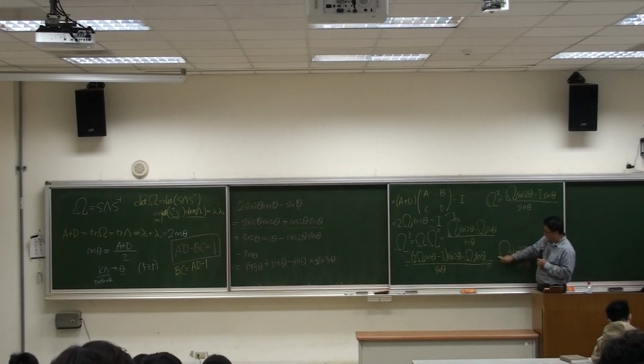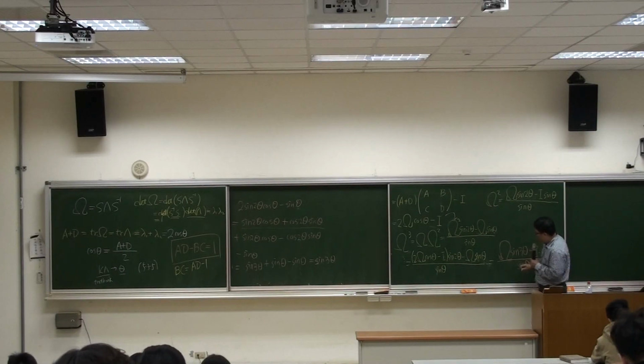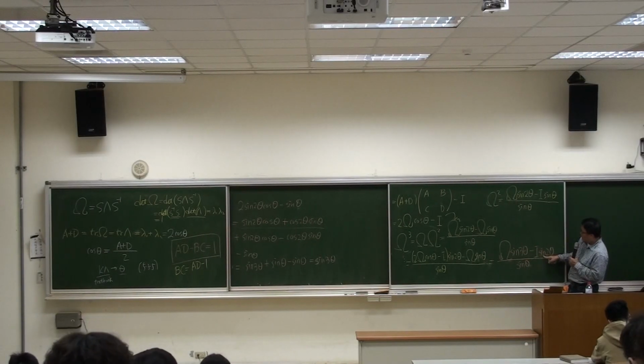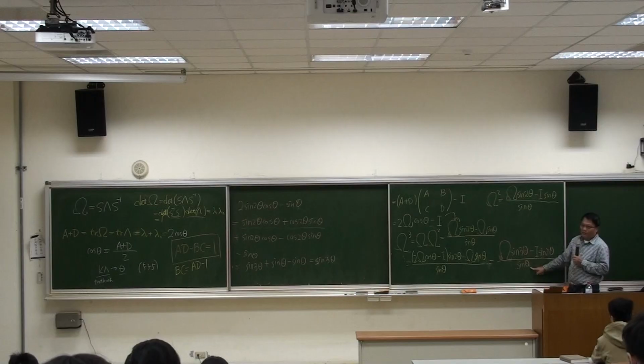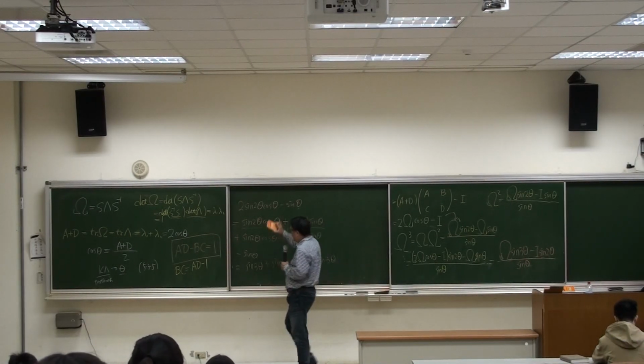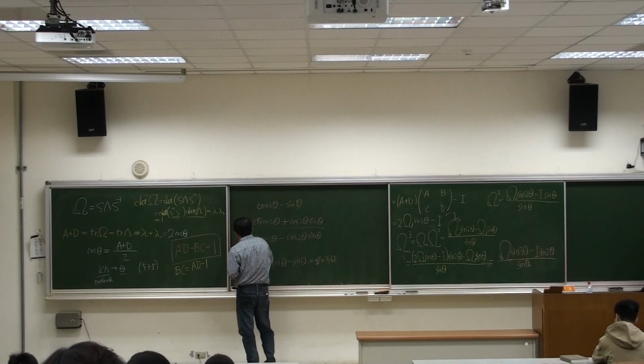Then for omega cube, you have omega sine 3 theta minus I sine 2 theta over sine theta. So it is easy to guess the final result.